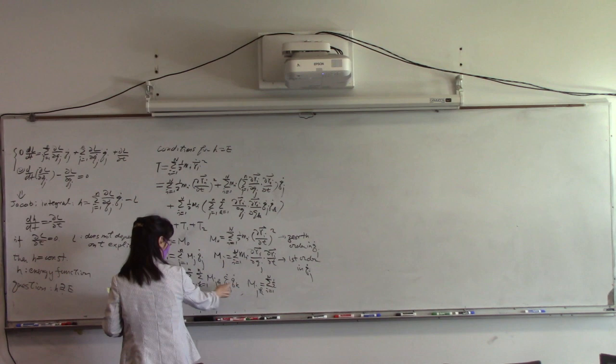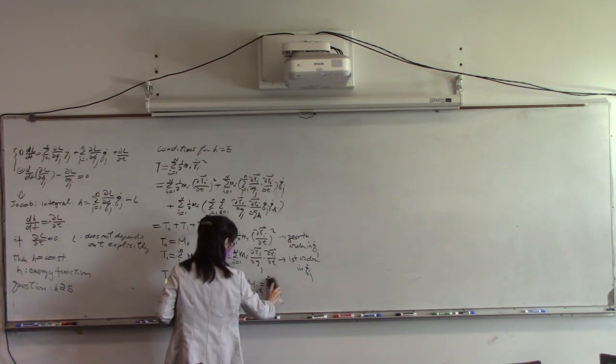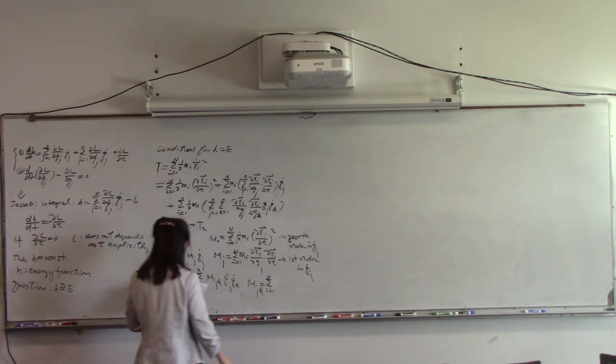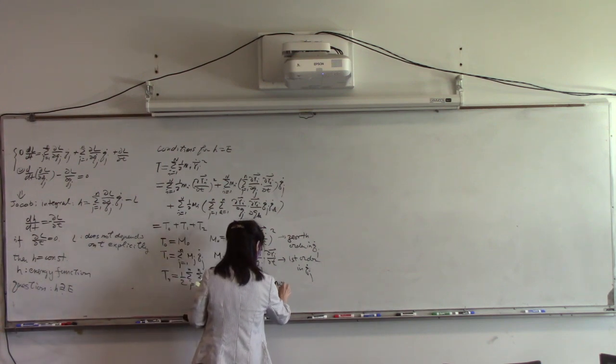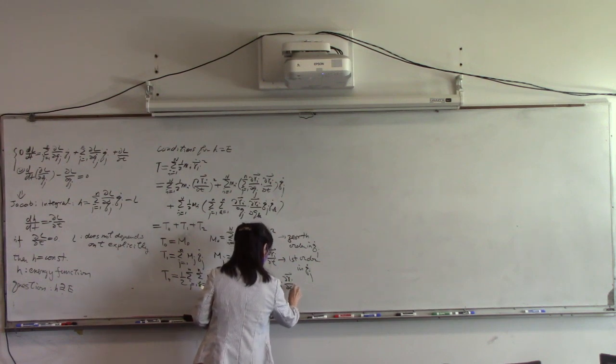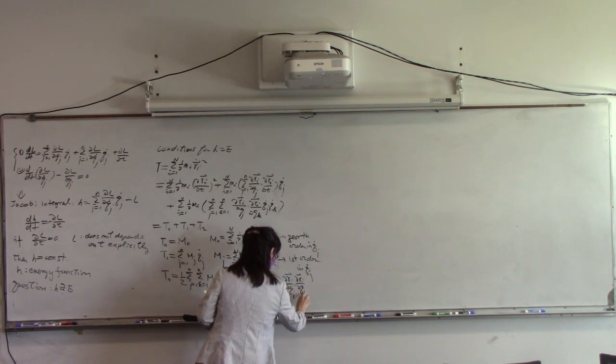Okay, now half is here, so no half. Half is put here, right? That is summation of Mi, partial Ri partial Qj, inner product with partial Ri partial Qk.